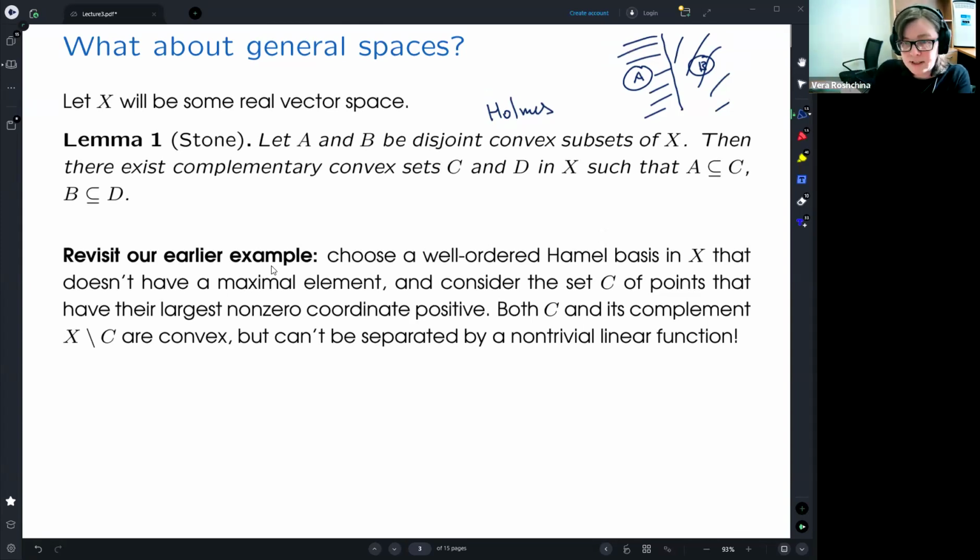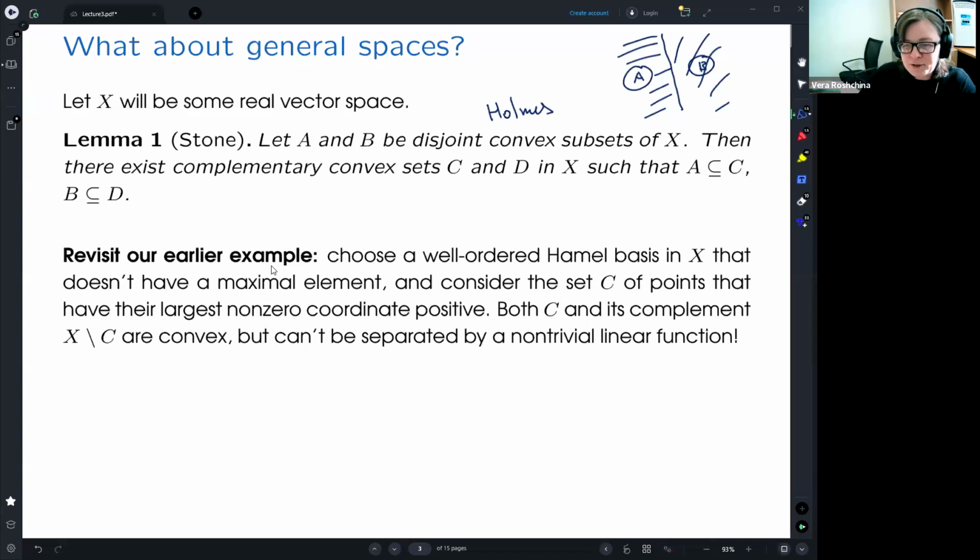So any point in this vector space can be represented as a finite linear combination of elements from this basis. It's a linearly independent system that spans the whole space. I can order this basis, not as 1, 2, 3, 4, 5, but in the sense that if I pick any 2 elements from this basis, which for an infinite dimensional space will be infinite, then I can compare them, so I will have the minimal element. So I can compare which index of this basic element is lower, which one is higher.